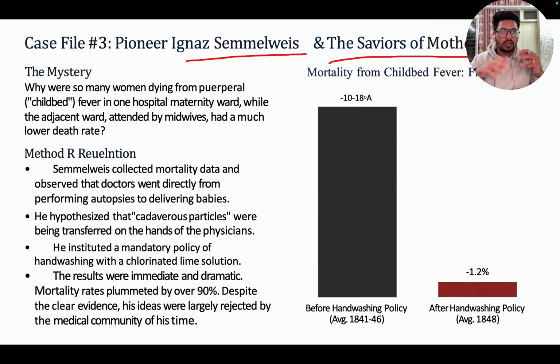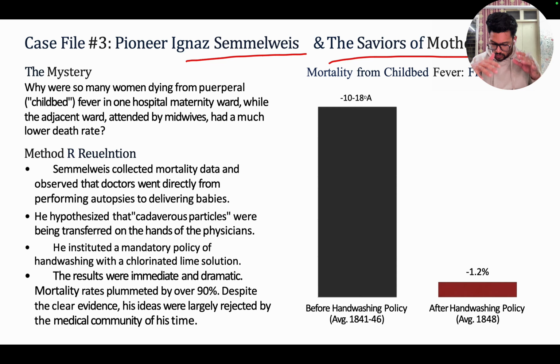In one group, the doctors who performed autopsies never washed their hands and directly performed postnatal care. In the other group, doctors always washed their hands before touching postnatal mothers.